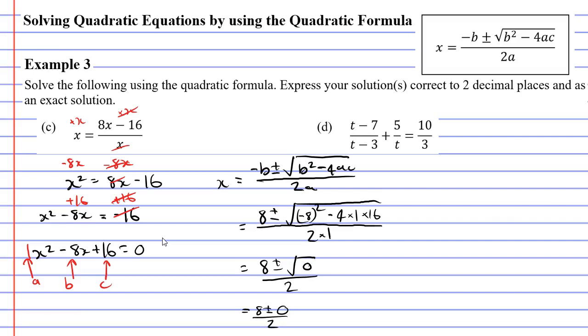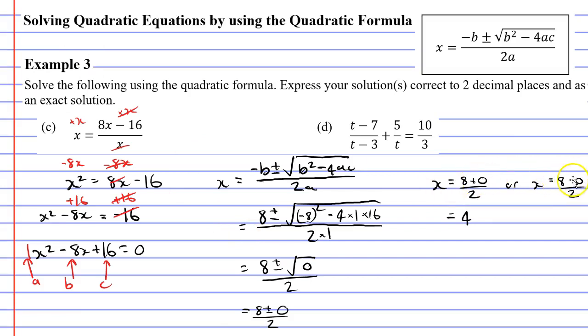Now if I'm going to write down my two solutions, one of them is that x is 8 plus 0 over 2, and the other solution is that x is 8 minus 0 over 2. And you might have noticed that both of these solutions are the same. 8 plus 0 is 8, divide 2, which is 4.